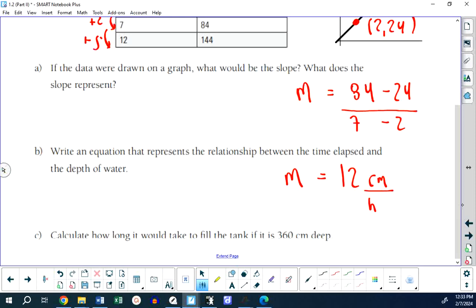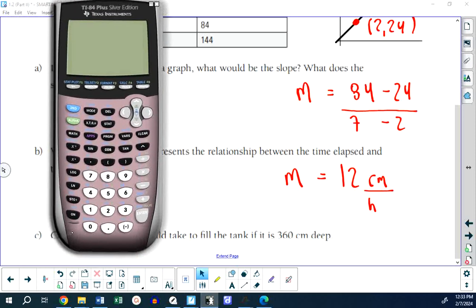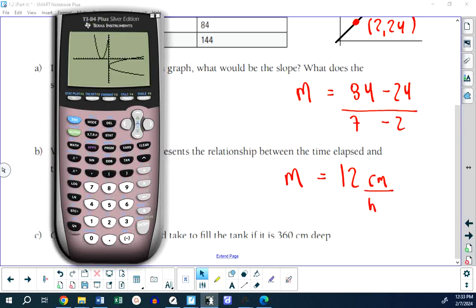How many of you, when you do this on your calculator, put a set of brackets and then 84 minus 24, and then divide by another set of brackets? I mean, I'm assuming many of you would just put 5 in because you know that 7 minus 2 is 5. But if you have a graphing calculator or a calculator with brackets, you can do that. So the slope would be 12 centimeters per hour.